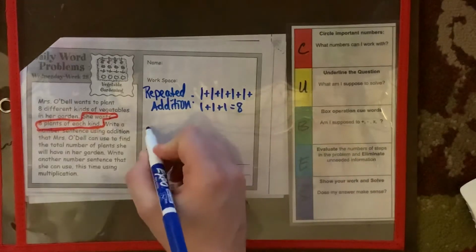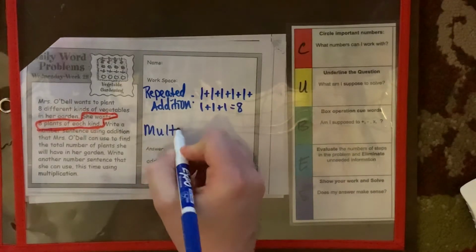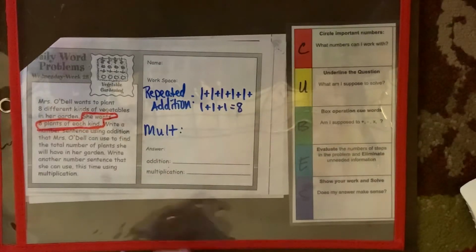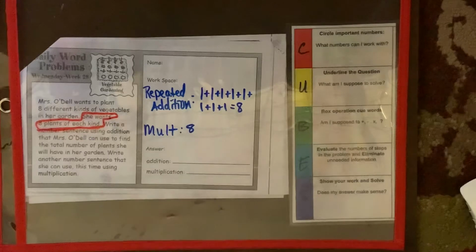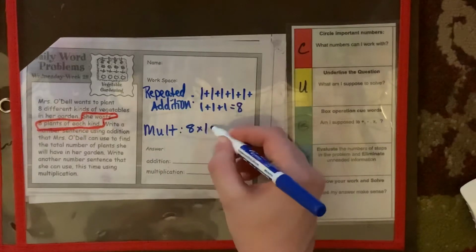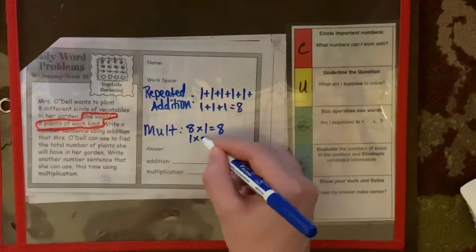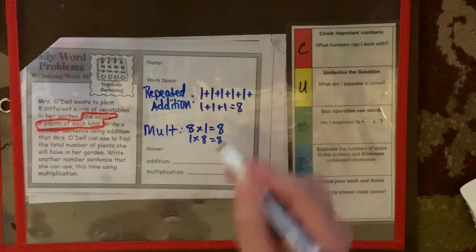Now let's turn that into multiplication. How many 1s did we have? 8. And what number did we add over and over again? 1. 8 times 1 is 8, or you could flip-flop it.